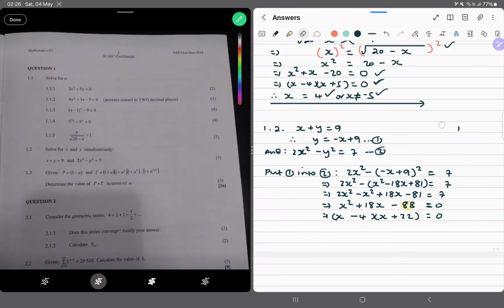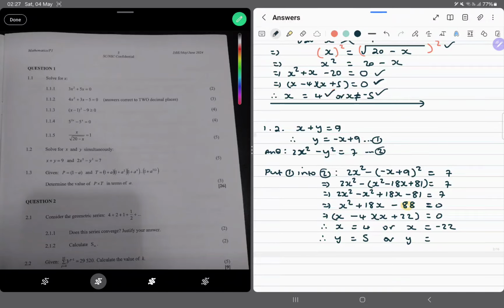So guys, be smart, use your calculator as well. There's no excuse for not knowing how your calculator works. It just shows, if you don't know, that you are not serious about your work. Okay, that is the case here. Let's see, y is going to be, we take this and substitute into equation 1. So minus 4 plus 9, that's a 5.